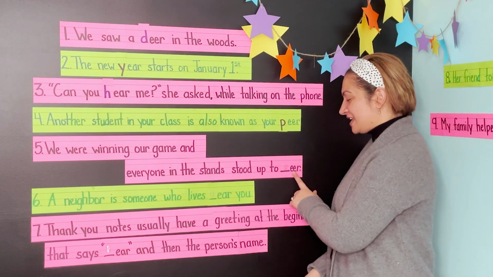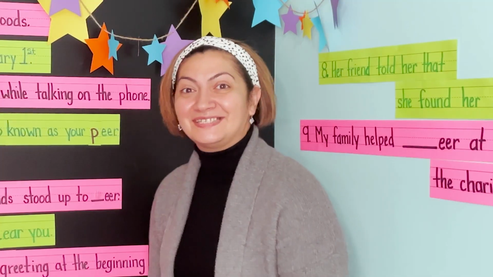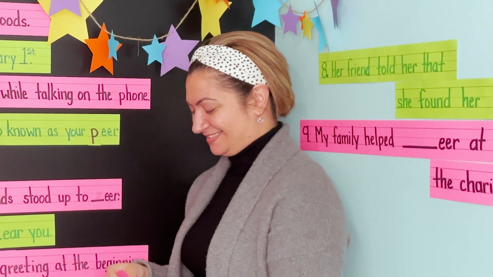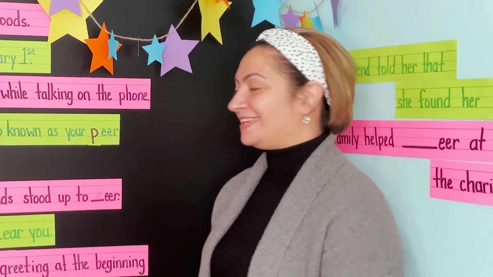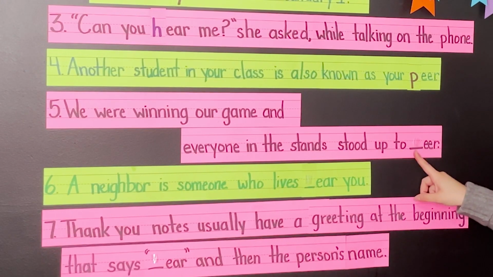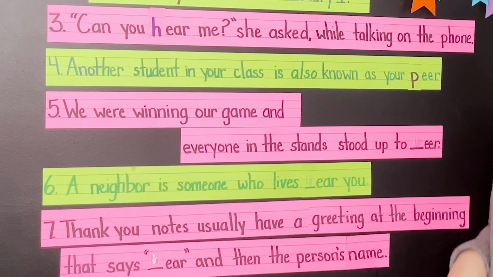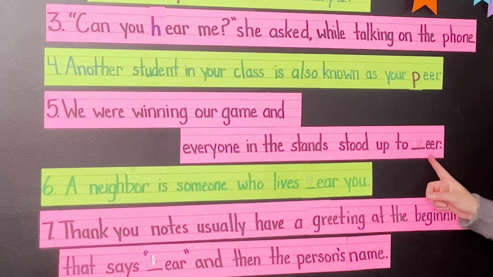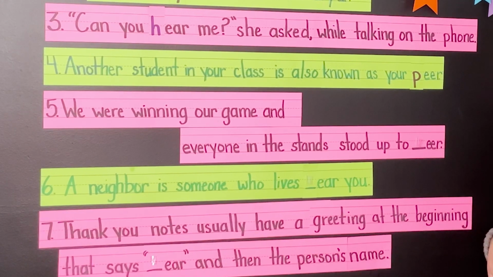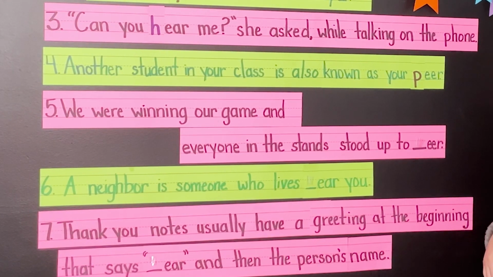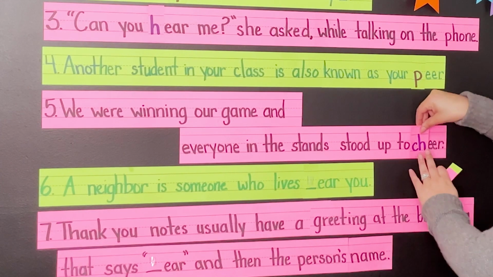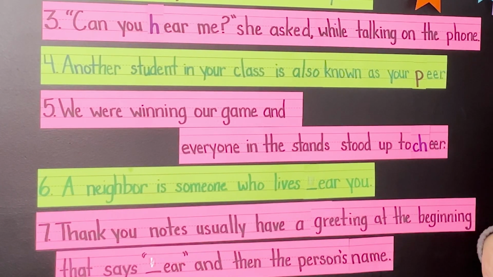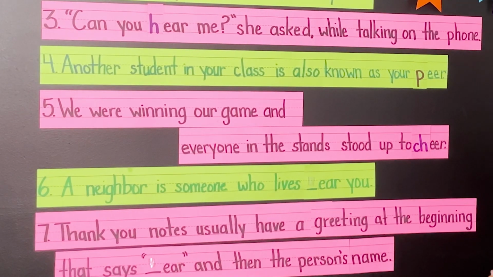It has the ear sound. They cheer. Yay! Because they are so excited, right? What sound are we missing at the beginning? Go ahead and write it down. Ch, ear. And you see how that ear is spelled? E-E-R, yeah? And so hopefully you had the CH there. Ch, ear. They stood up to cheer.